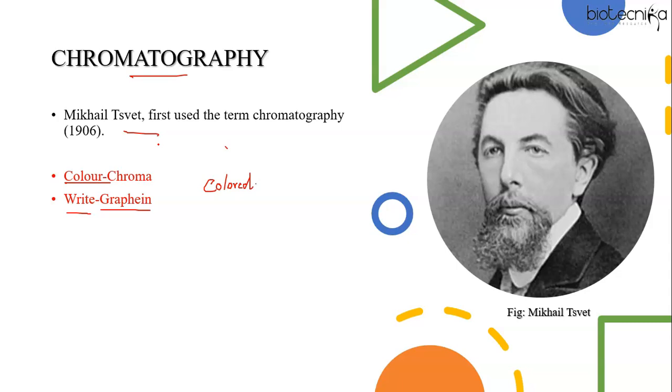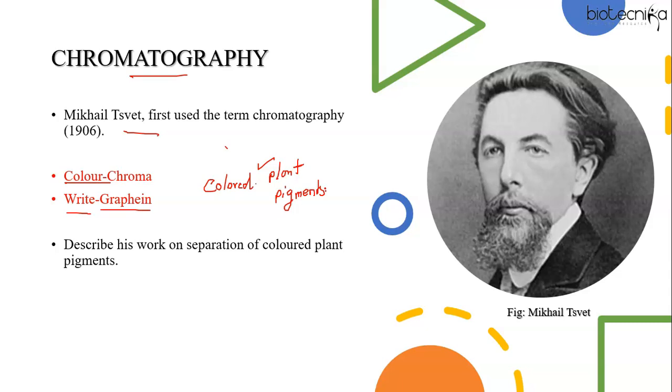In the 1900s, he used this technique to separate colored plant pigments. However, chromatography has evolved far beyond color separation and is now employed in academic and industrial research, including pharmaceuticals, environmental analysis, forensics, food and beverage, and more.